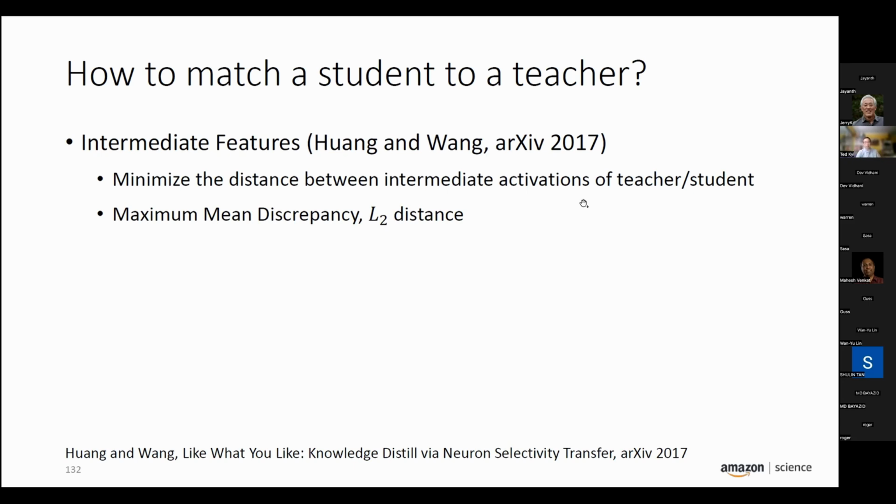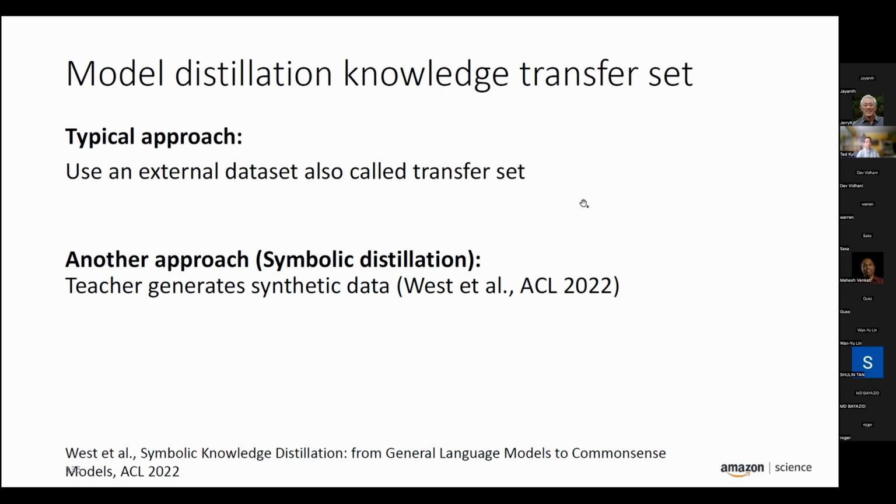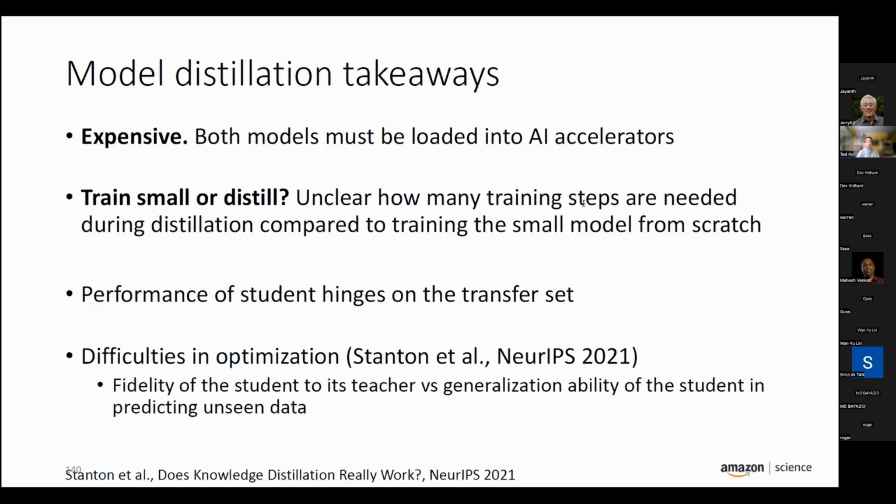There are different, more advanced tricks, and I'm not familiar with these, so I don't know exactly the details of how much better they work in getting the student, even though it's smaller, to be as close as possible to the accuracy of the bigger teacher model. Here's where we talk about the KL divergence between the distributions.